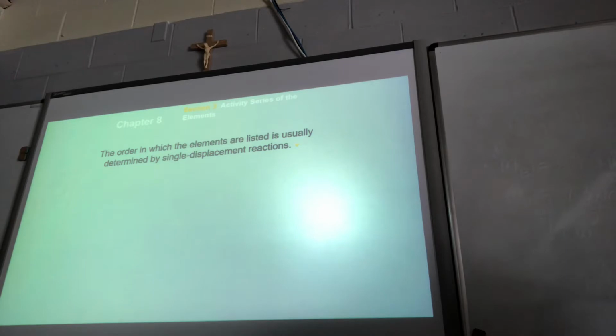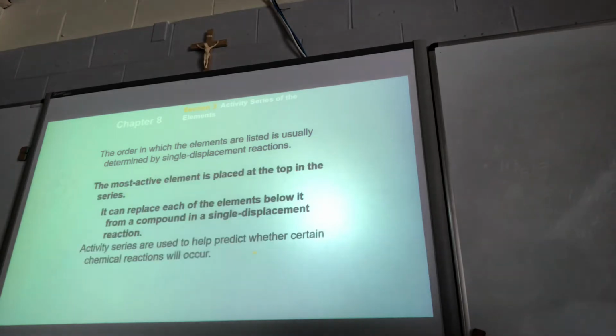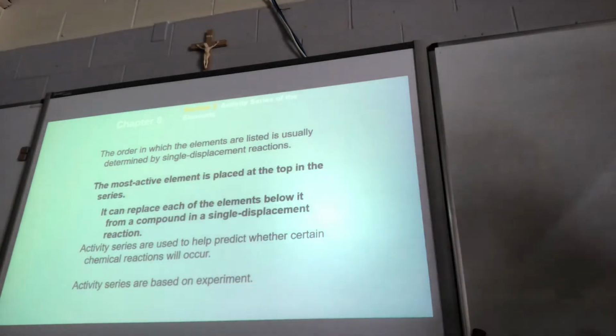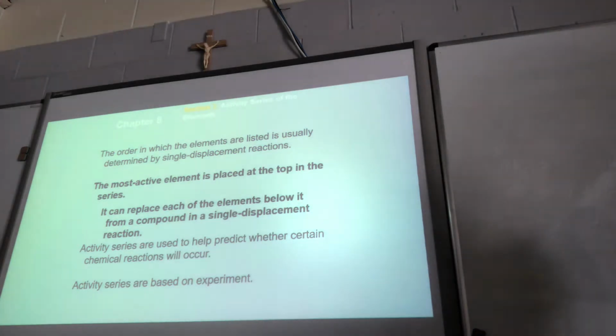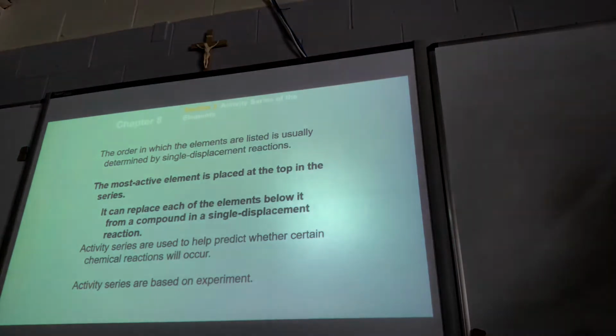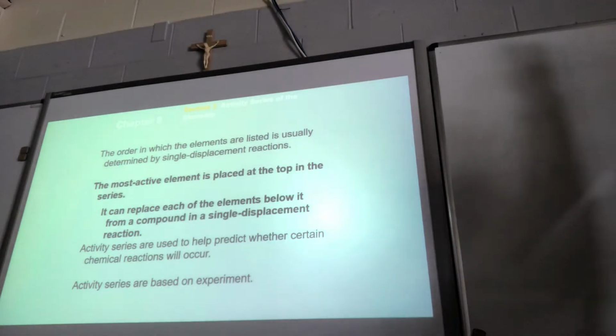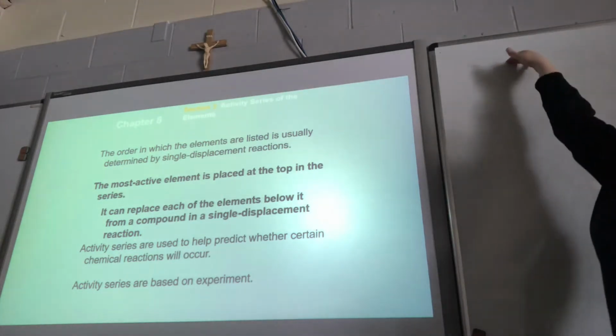The order that they are listed in the table you're about to see is determined experimentally. So this is all information that we did in experiments to figure out whether or not it would work. The most active element is going to be at the top of the activity series.